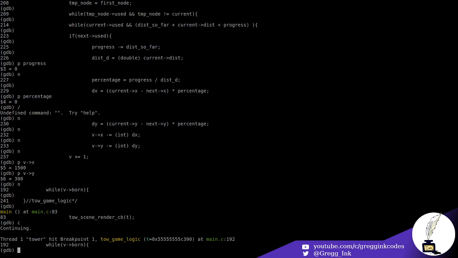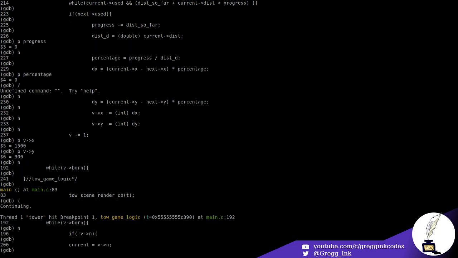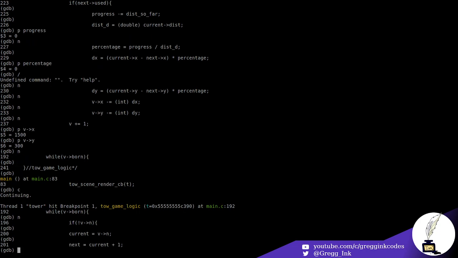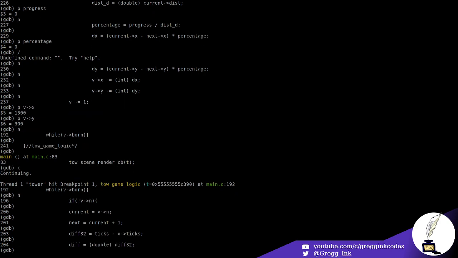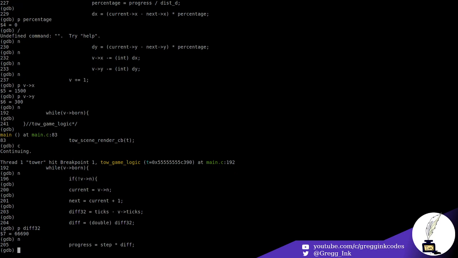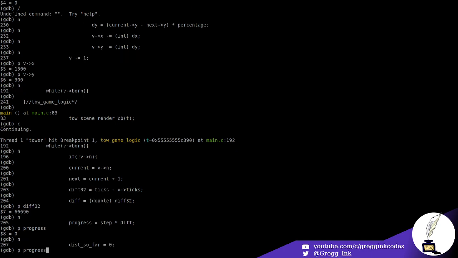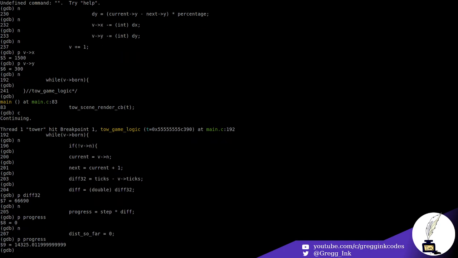Okay, so now we continue, and for the next frame we're back there. So that's probably when things begin to malfunction, right? So pdiff32. Okay, so now we have a significant distance here.